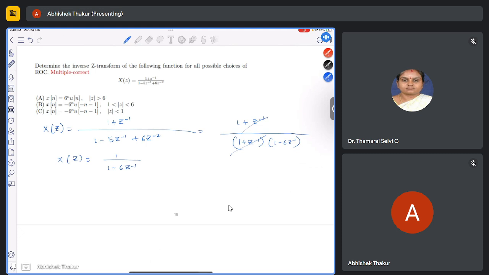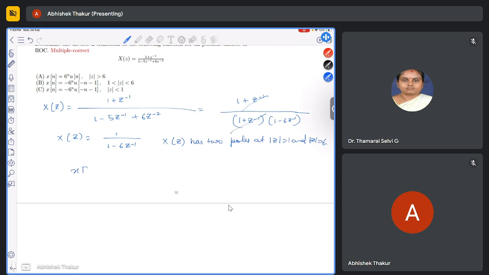So X of z has two poles, at z equal to 1 and z equal to 6. What will our x of n be? x of n will be 6 to the power of n u of n, and in this case the ROC is greater than 6. Or x of n can be minus 6 to the power of n u of minus n minus 1.